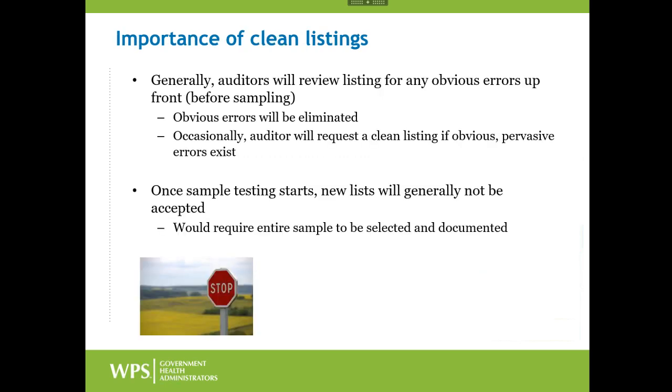Now, another important thing about any sort of item that's being audited, when we're taking a look at these listings to determine whether or not an auditor is going to sample it, is the importance of clean listings to begin with.